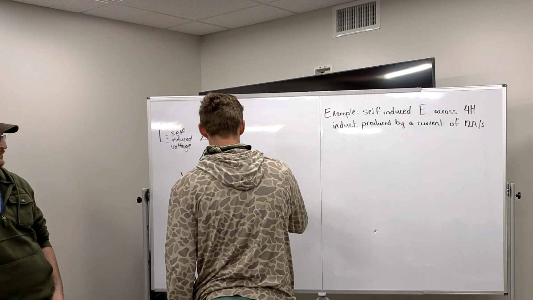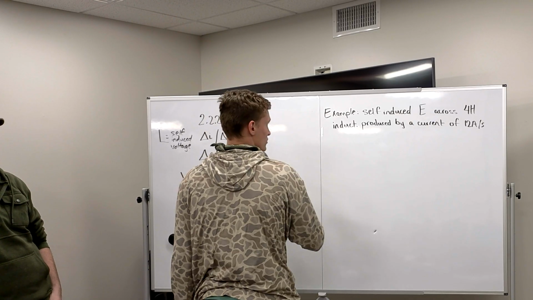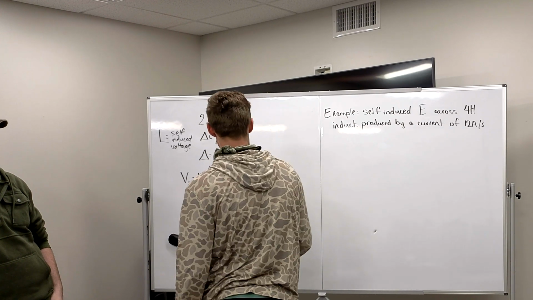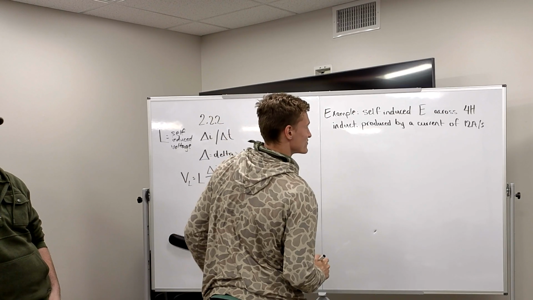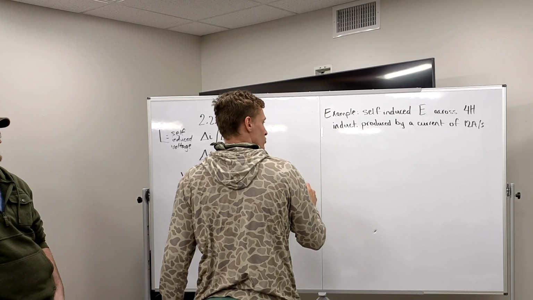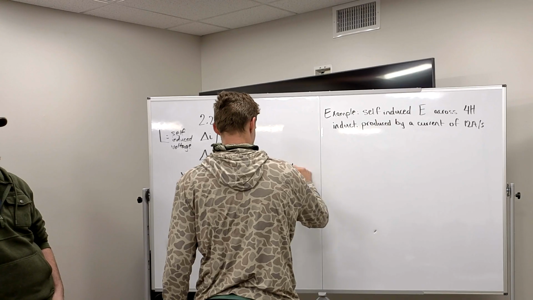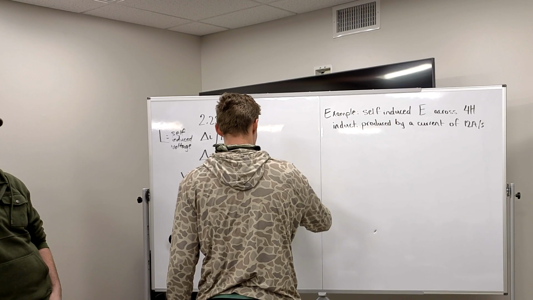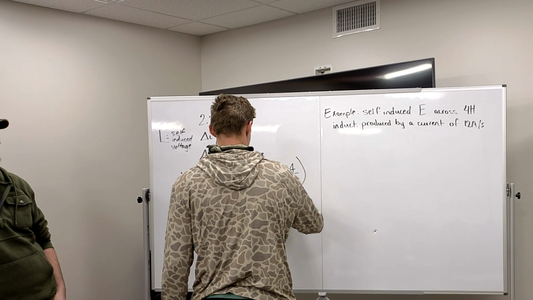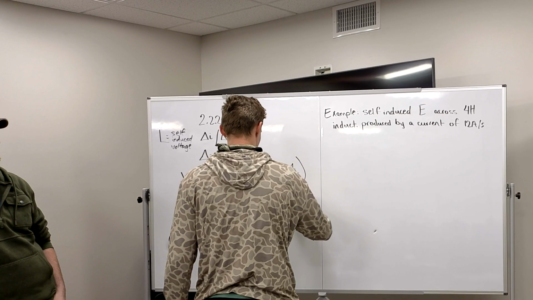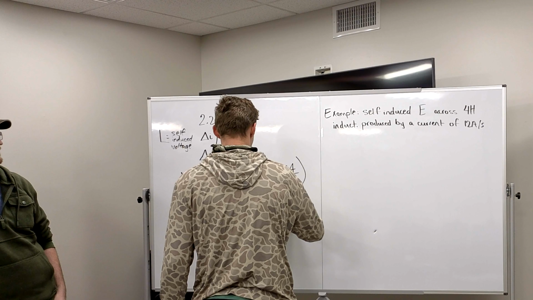Self-induced voltage equals 4 henry times... you didn't write the H. Do it right. 12 amps per second. Self-induced voltage equals 3 amps.